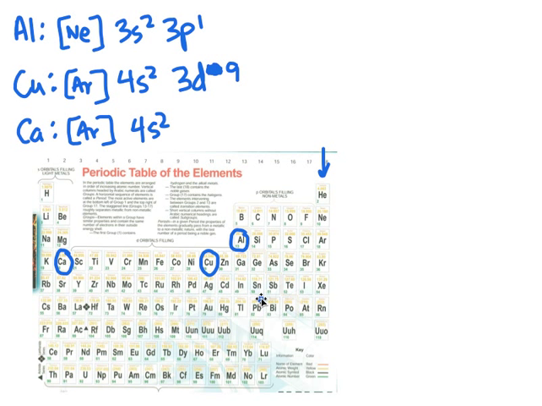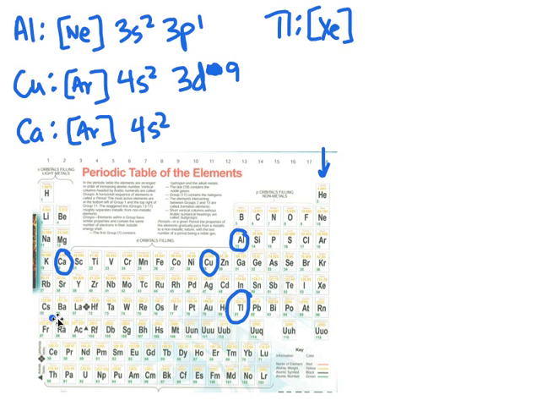Let's try one more. How about we do thallium. Thallium is Tl, and it's number 81 on the periodic table. So if I backtrack from thallium, I'm going to put xenon in brackets.